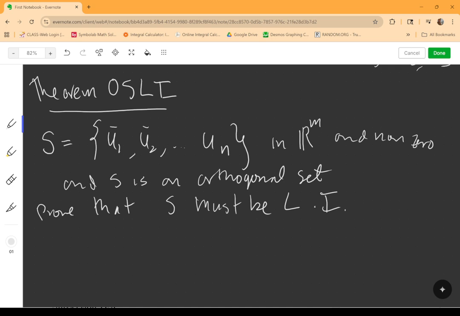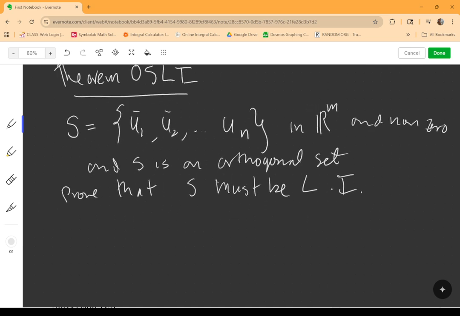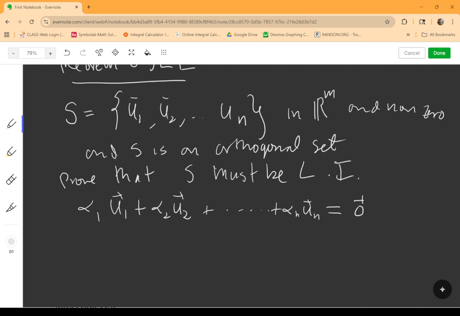Whenever you're asked to show or prove that something is linearly independent, let's start off by setting up our linear dependence relation, which is this equation. Okay.